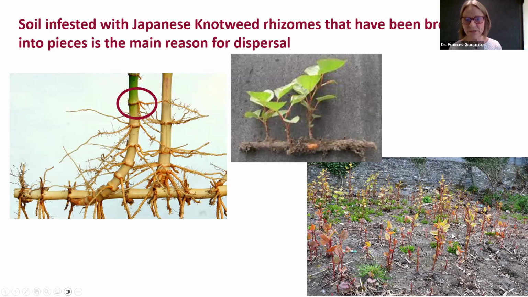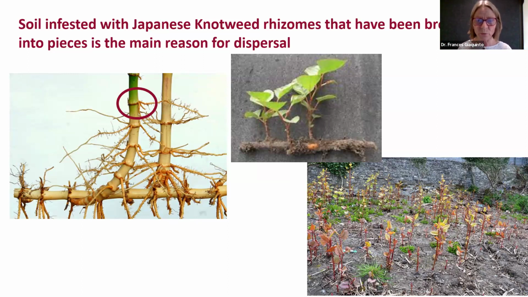Here is a very good example of what happens when the rhizomes are fragmented. There was a plant over by the wall. This is a community garden in Clare. They wanted to plant fruit trees, so somebody came along with their digger. They scraped away the Japanese knotweed, thinking that this was the best thing to do. They didn't know about the rhizomes.